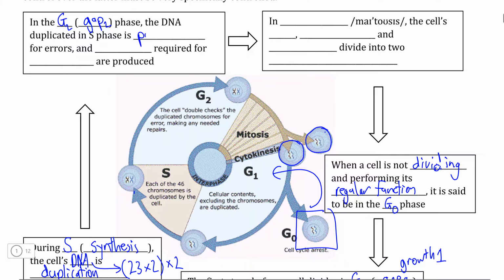Chances are you would proofread whatever it is that you had written in order to catch as many of the mistakes that you make simply due to human error. And that's exactly what the most important stage of G2 is: to proofread the DNA that was duplicated in the S phase. Once this proofreading is done, the cell is technically ready to undergo cell division.